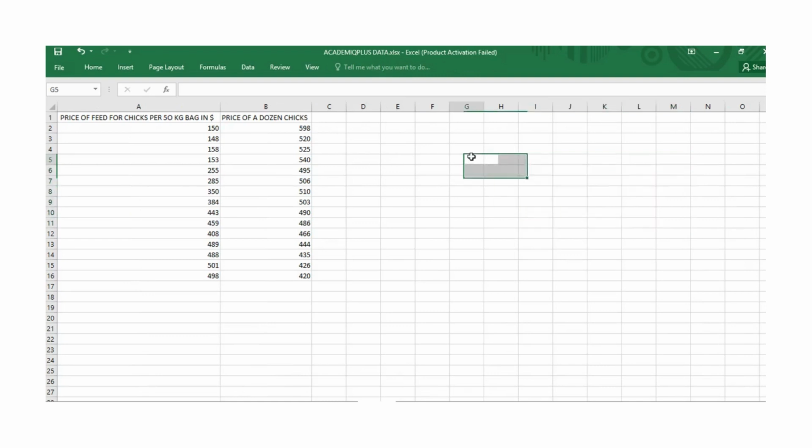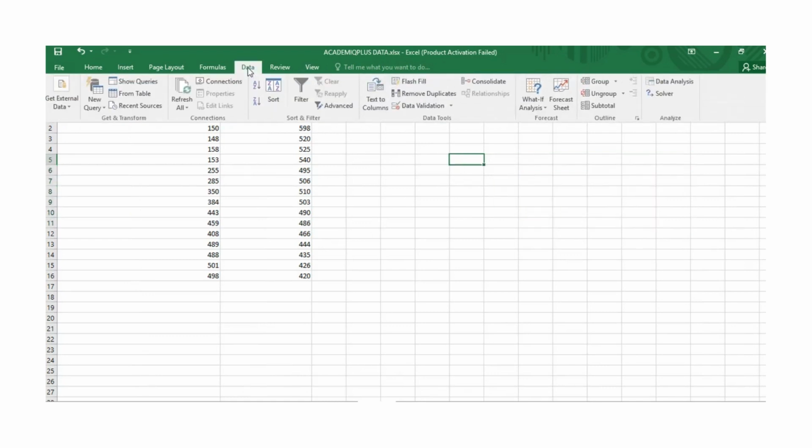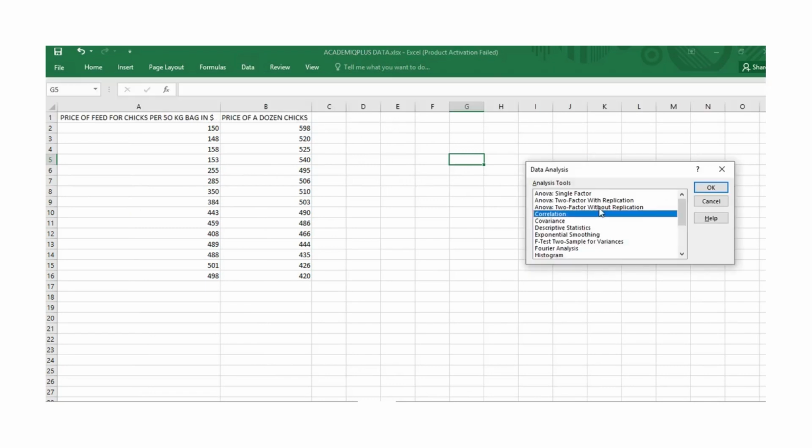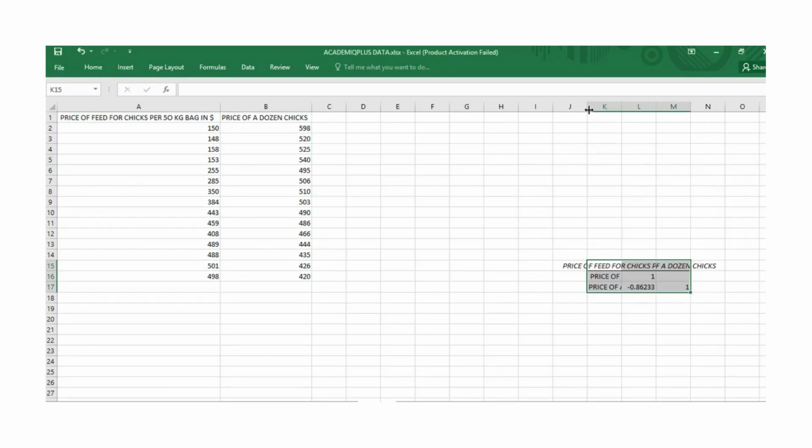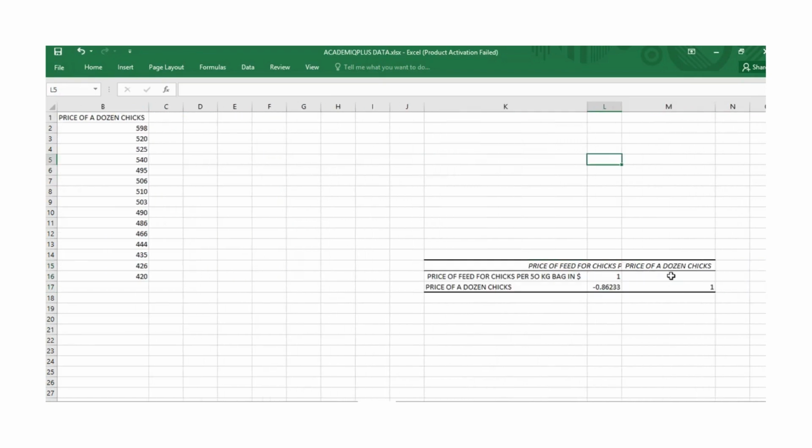We have the price of feed for chicks per 50 kilogram bag in dollars and the price of a dozen chicks. So let's check the relationship between these variables. Click on data analysis, click on correlation, and okay, pick the data, label checked, the output. Okay, alright. This also shows a negative relationship between the price of feed for chicks and the price of a dozen chicks.